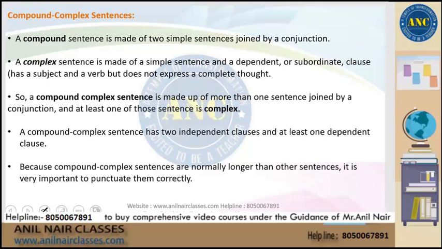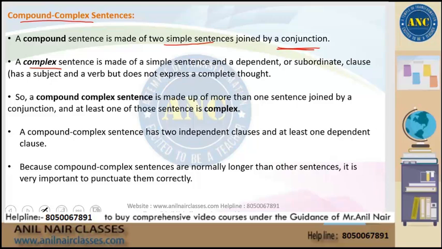So we've learned simple, we've learned compound, we've learned complex. Now let's understand what a compound complex sentence is. What do we know? A compound sentence is made up of two simple sentences joined by a conjunction. What do we know about a complex sentence?